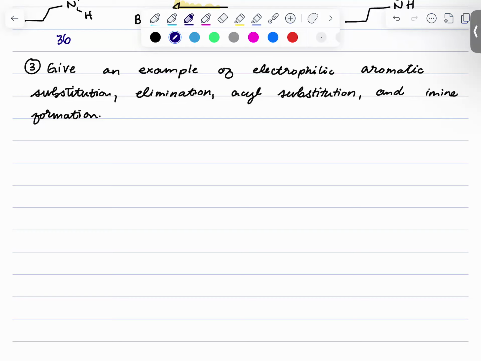When you draw this out, you need to draw the arrows too. You should have one big arrow that says starting material to product, but you don't need to do intermediates. I am just looking to know that you can come up with and identify a reaction of each of these types.